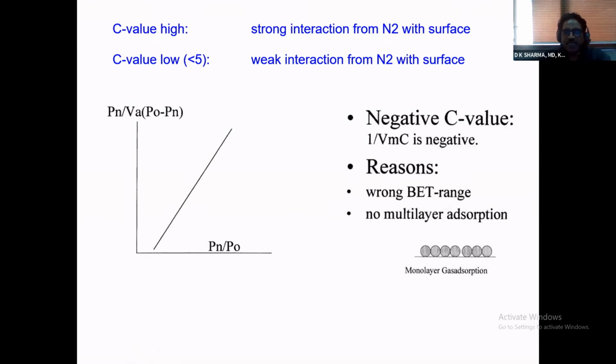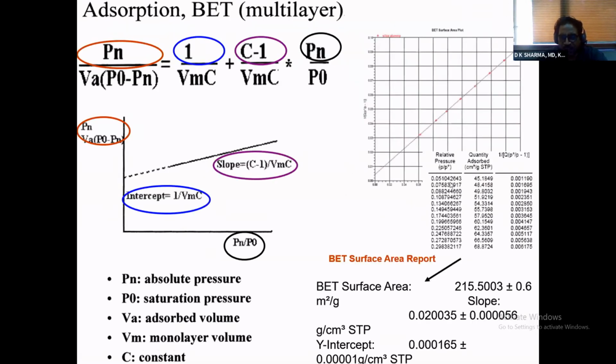The reason why C is negative, let me go back, is on this table. Let's say for a particular sample I have taken values from 0.05 to 0.3 for the BET calculation, and I find that C is negative.